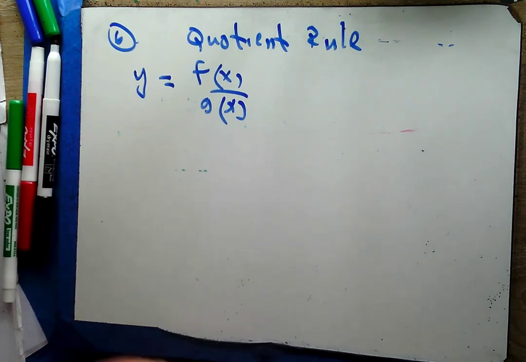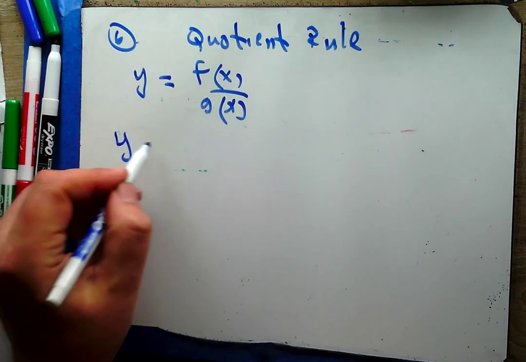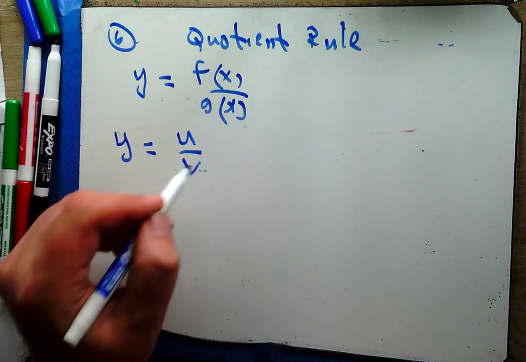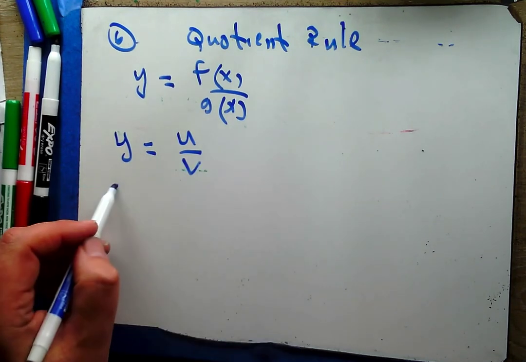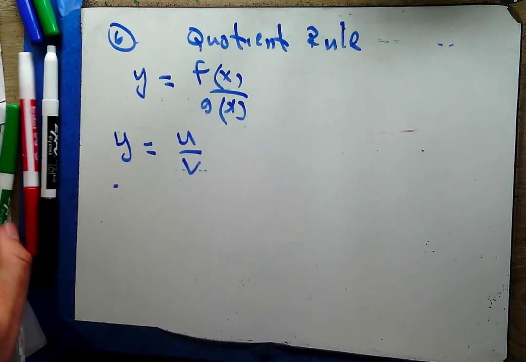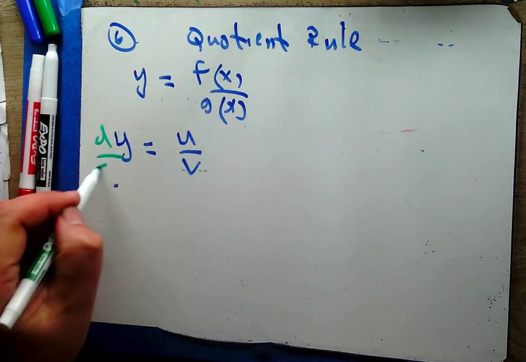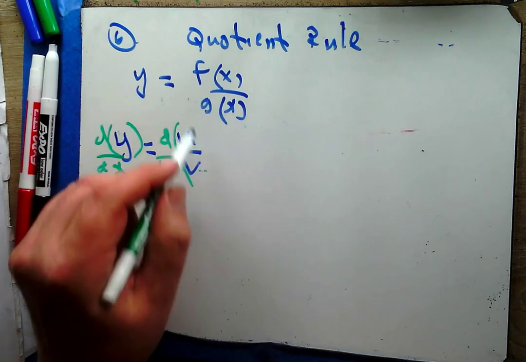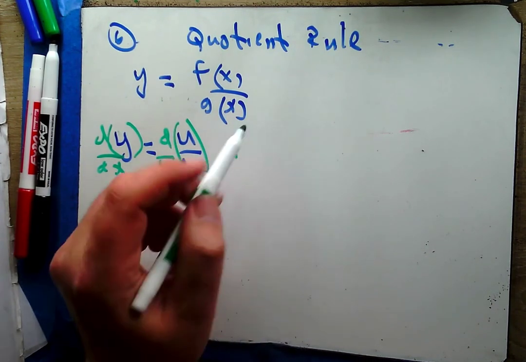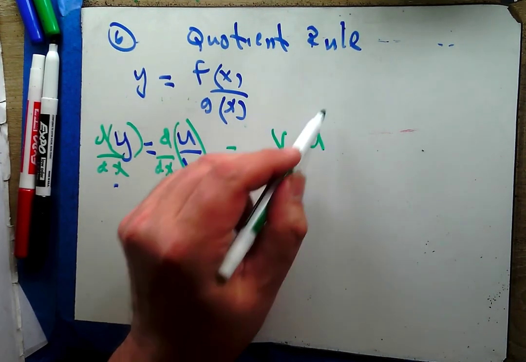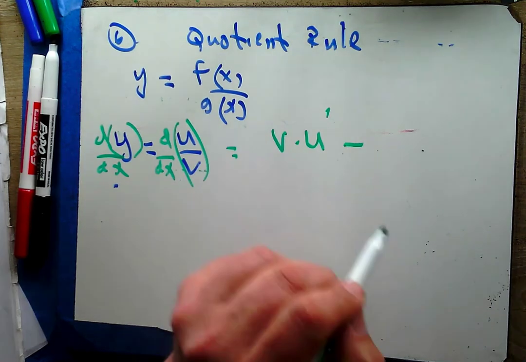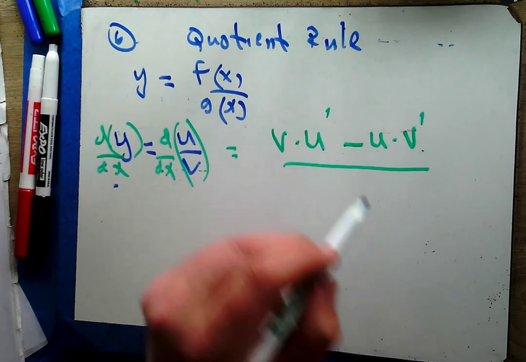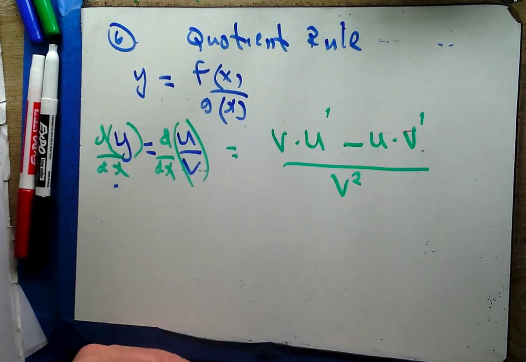And what we end up with is if y equals u over v, and we take the derivative with respect to x on both sides, we get v times u prime minus u times v prime all over v squared.